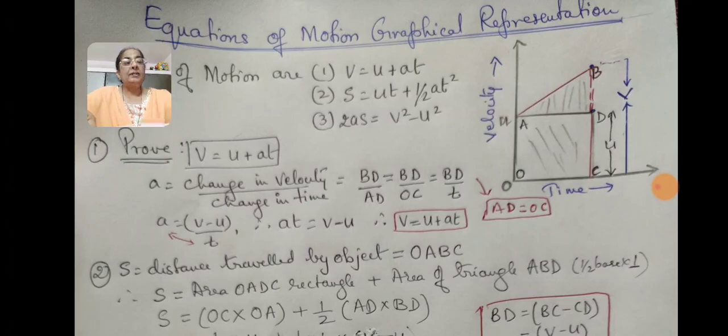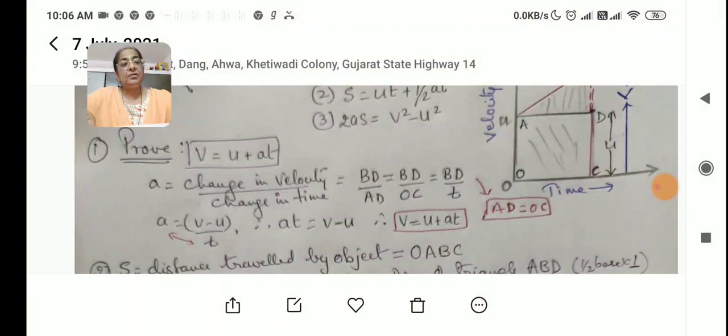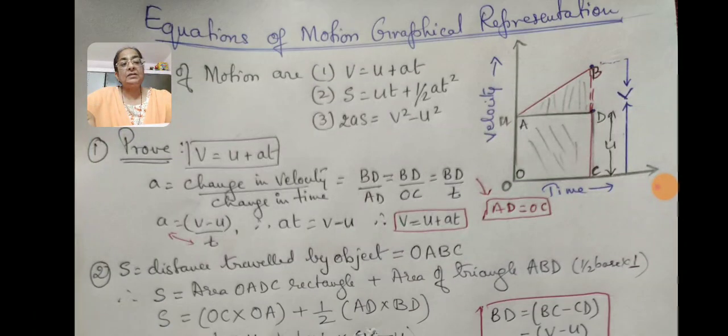Now in this you can see from 0 to A it is initial velocity u, and from B to C you can see final velocity, and BD is BC minus CD, that is v minus u. Now AD will be time, and that is equal to OC.